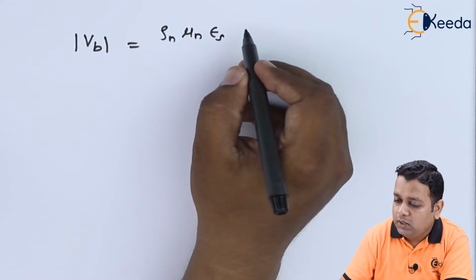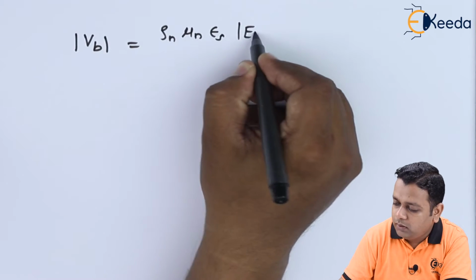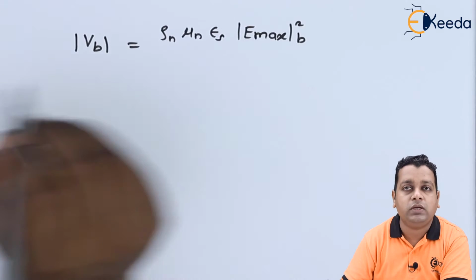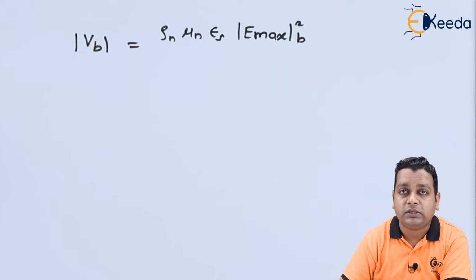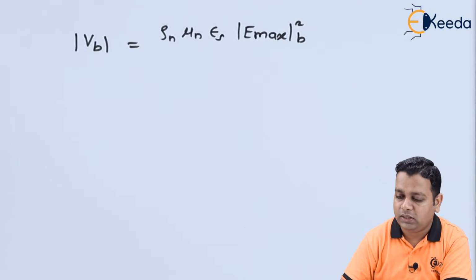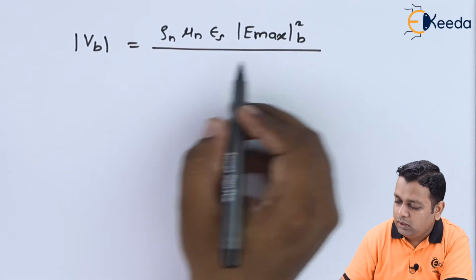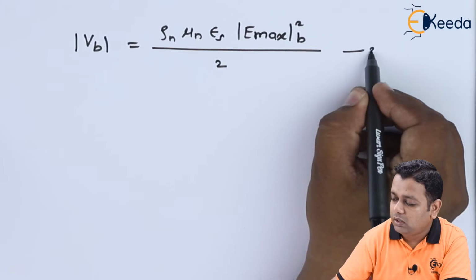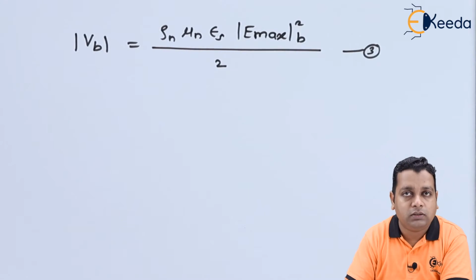Next to that we have mod of E max squared, with suffix b representing the breakdown condition, and this is all divided by 2. Let this new equation be named equation number 3.